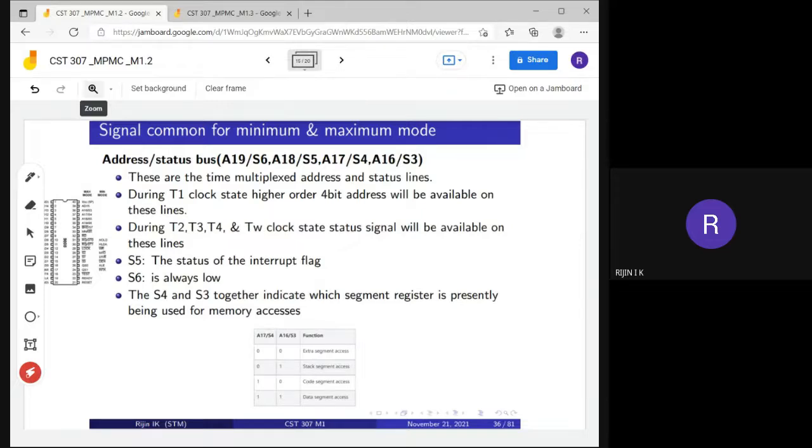So the S4 and S3 pins indicate which segment register is currently being used for memory access.